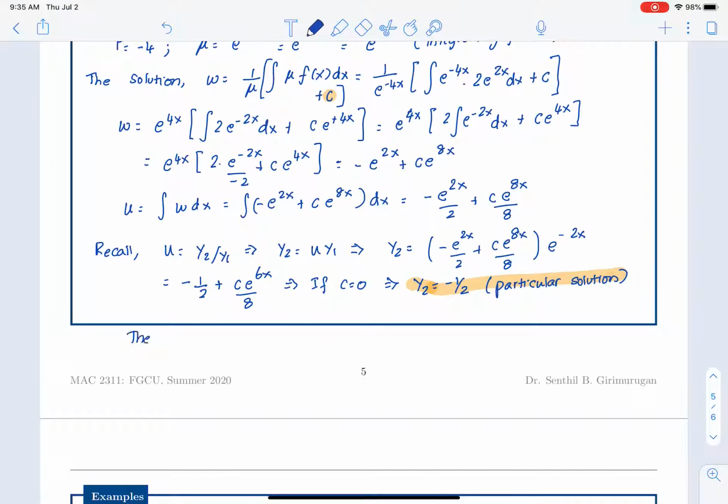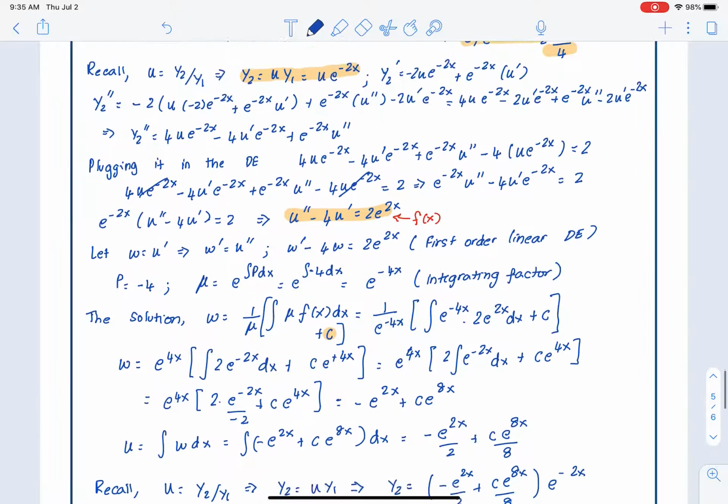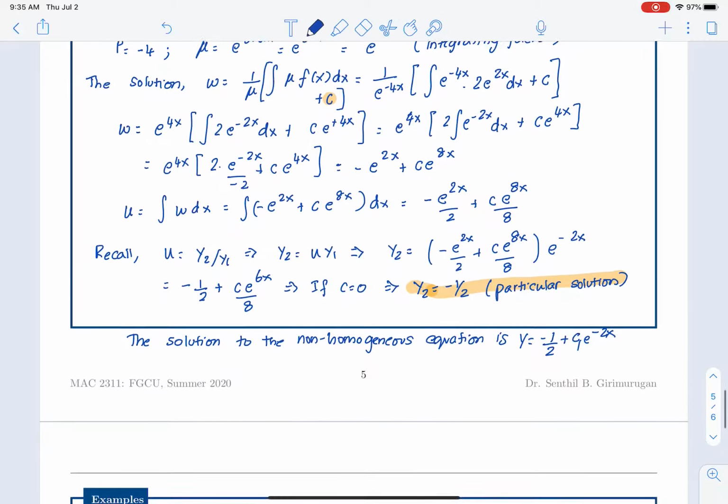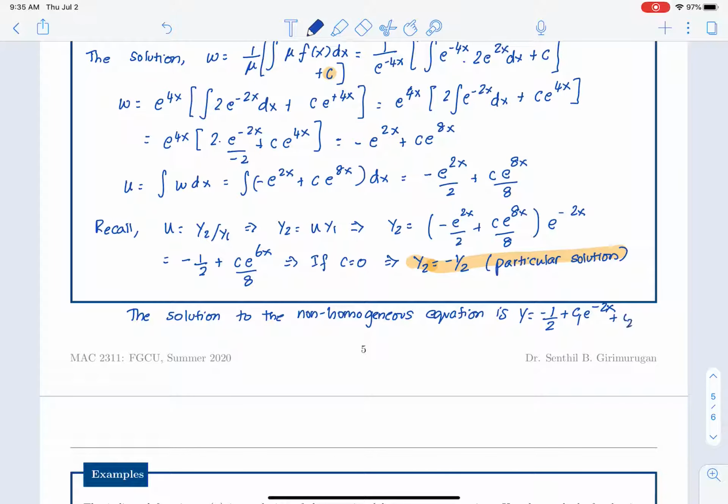Therefore, the solution to the non-homogeneous equation is y equals negative 1/2 plus c1 e raised negative 2x plus c2 e raised positive 2x over 4. And that is the final solution.